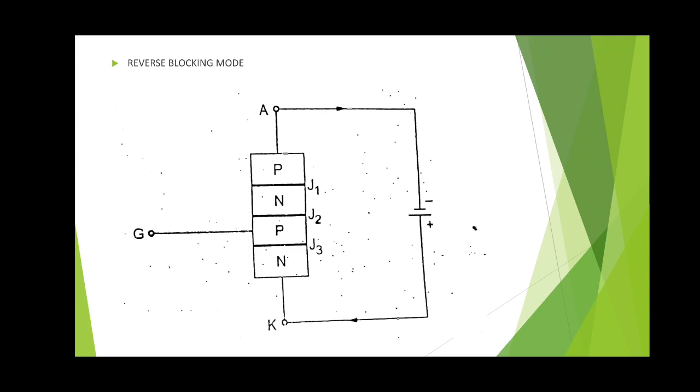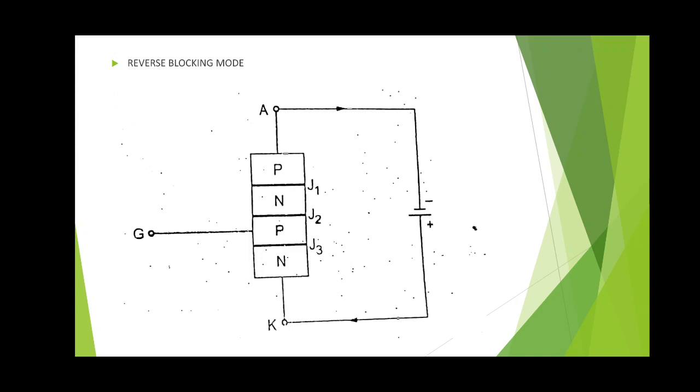This figure shows the reverse biased thyristor, that is, anode is made negative with respect to cathode, and the gate is kept open. There are 3 PN junctions in the thyristor, that is J1, J2 and J3.